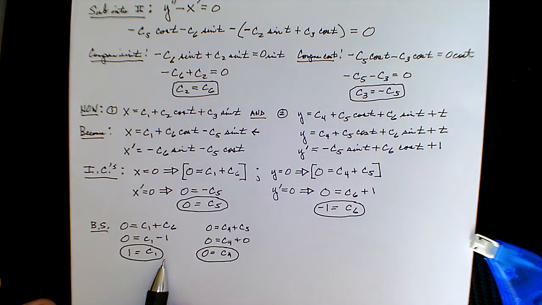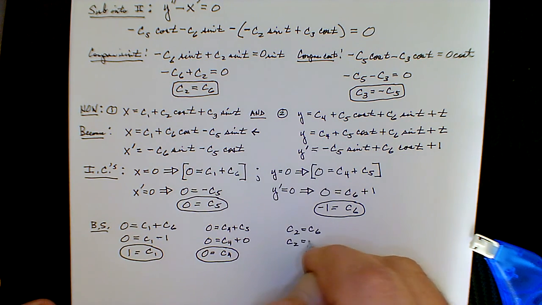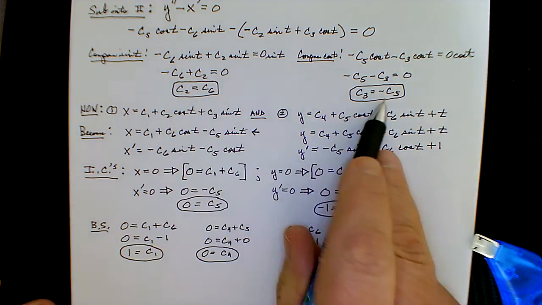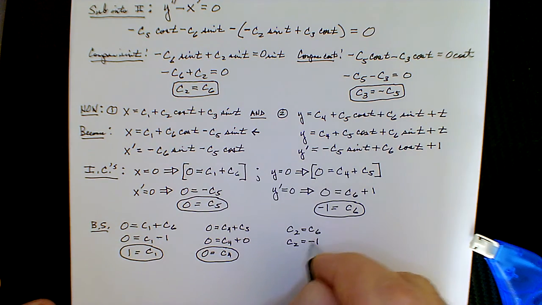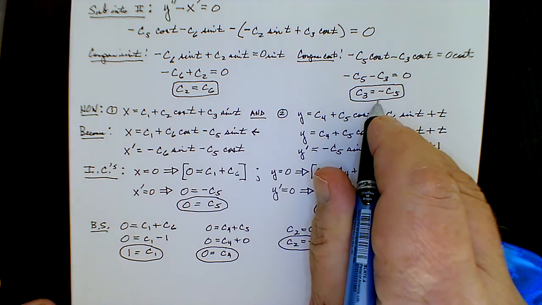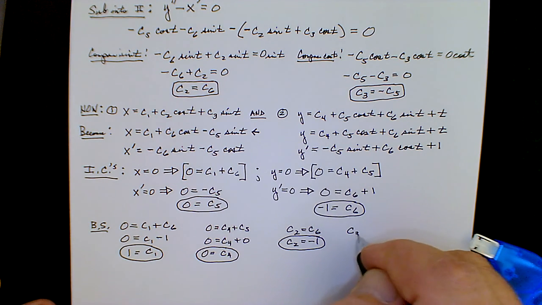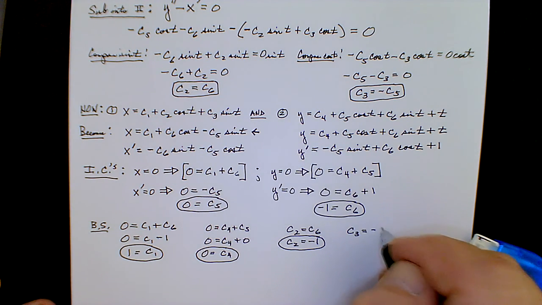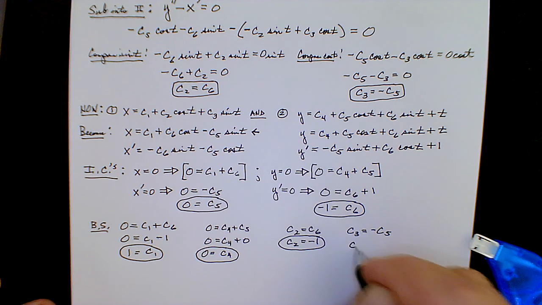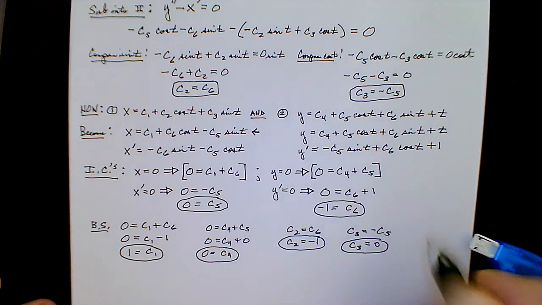Okay, and then we have C2 is C6. We already had C6, so C2 was C6. So C2 is -1, so these are these circled equations up here. And then we also had that C3 was negative C5, but C5 was 0, so C3 must be 0.